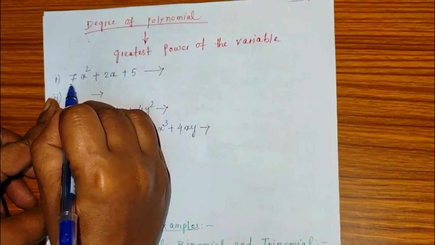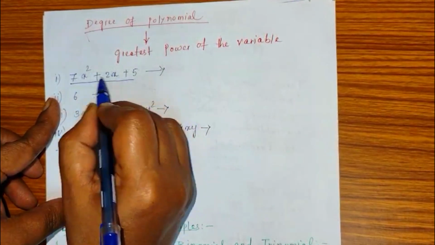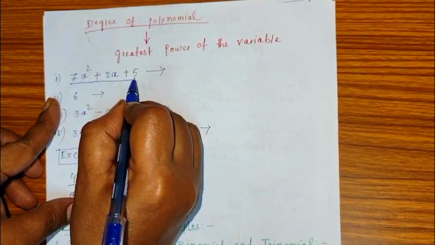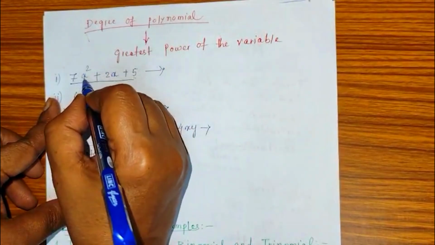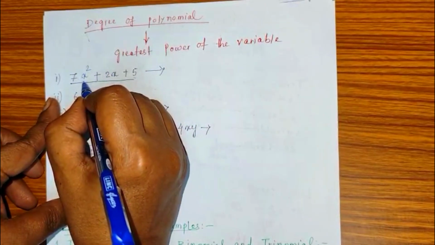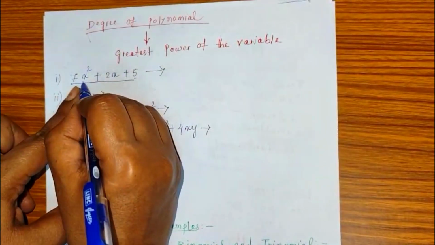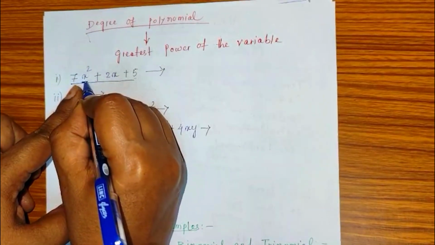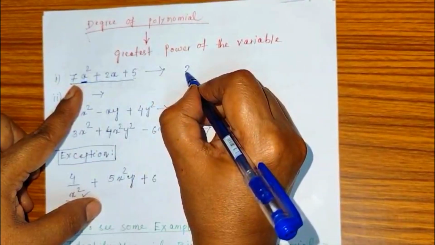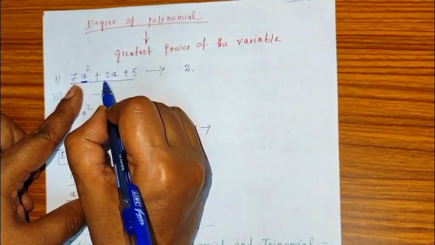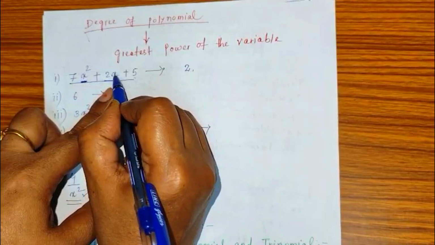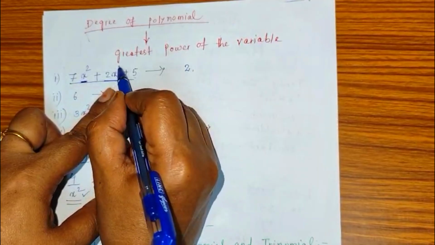Let's see this example. 7x square plus 2x plus 5. If you take this expression, in the first term, x is the variable. What will be the power? 2. Okay. Then 2x in this case, x power is nothing but your 1.